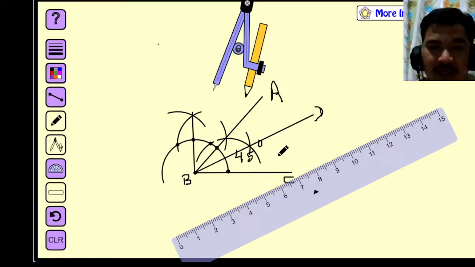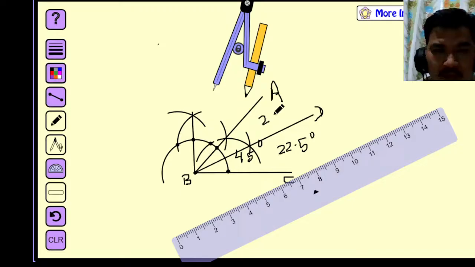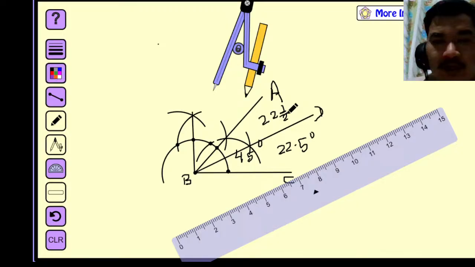and these two angles became now 22.5, or you can write it 22 whole number 1 by 2. 22 and a half, 22 and a half.